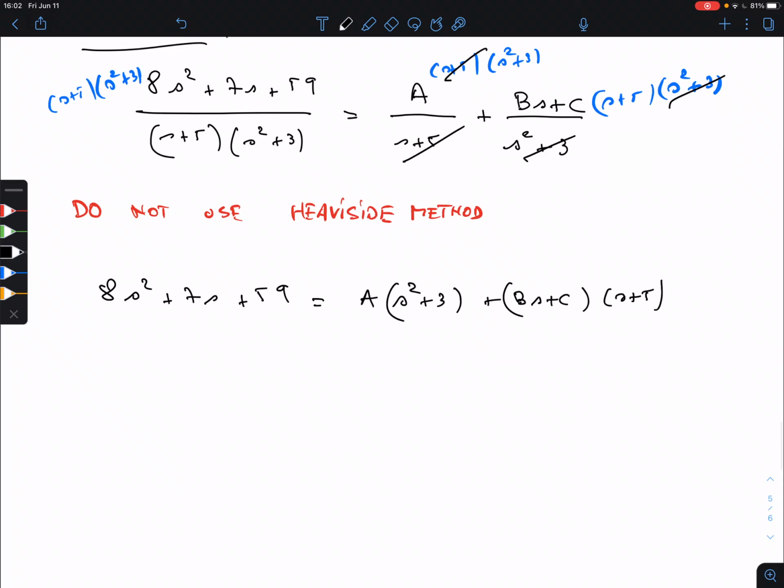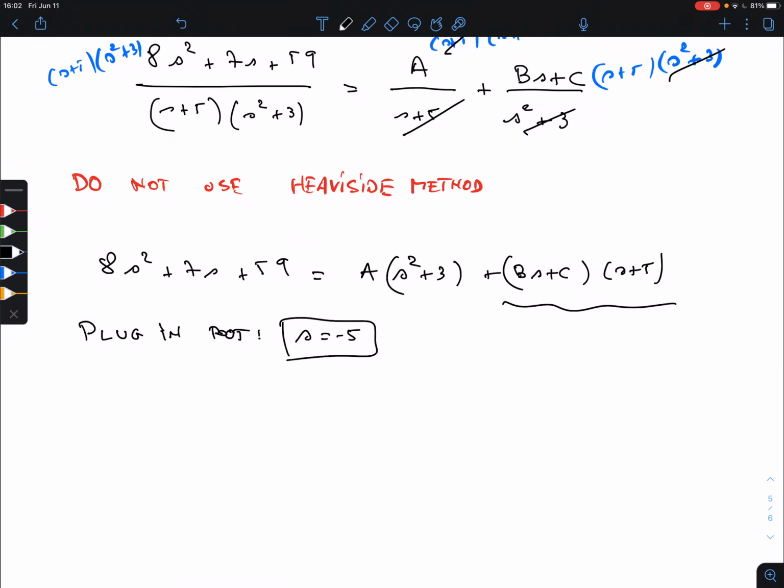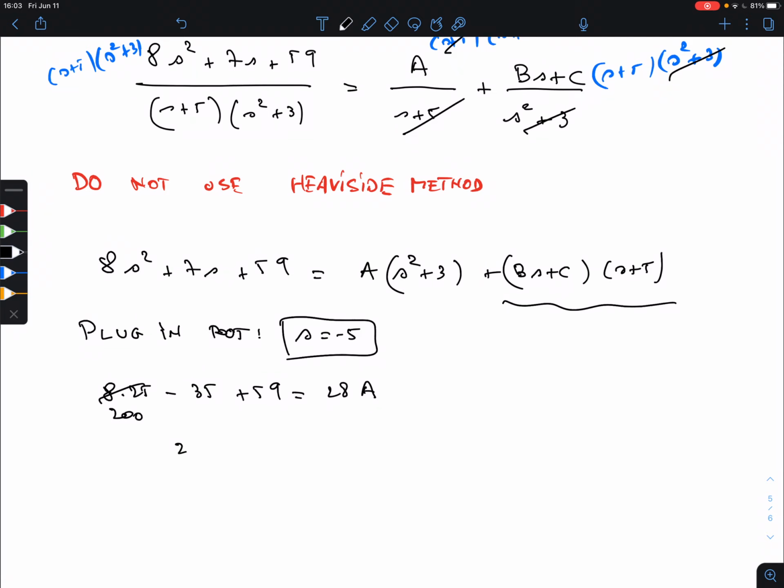Now we can plug in the root, because we have one root, namely coming from s plus 5, s equal to negative 5. This will make that term disappear, which is good. So we get 8 times 25 minus 35 plus 59 equals 28a. 8 times 25 is 200, so we get 224 is equal to 28a.